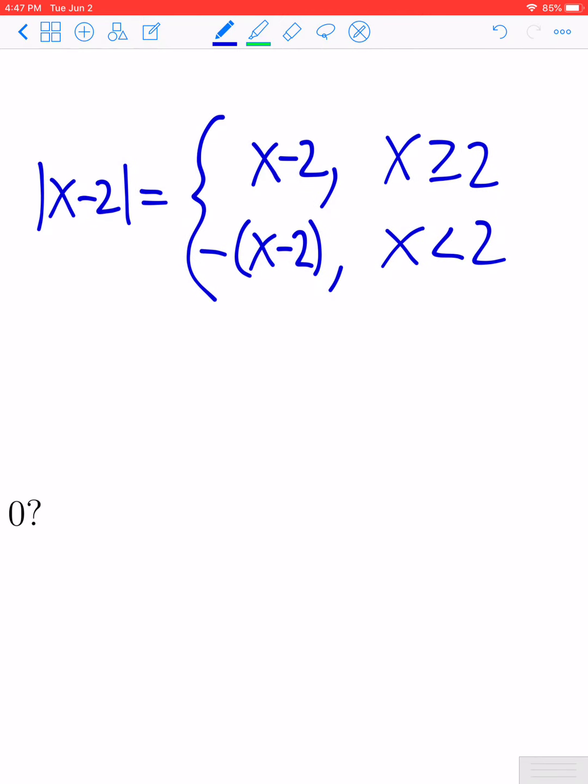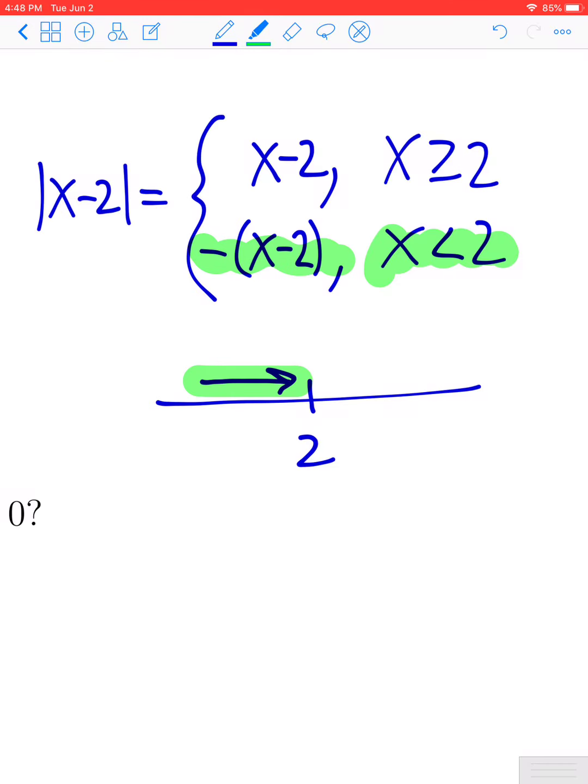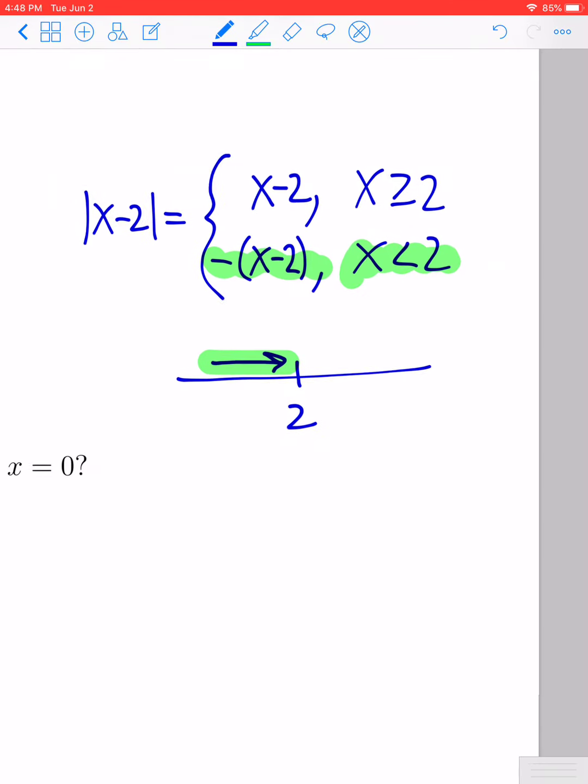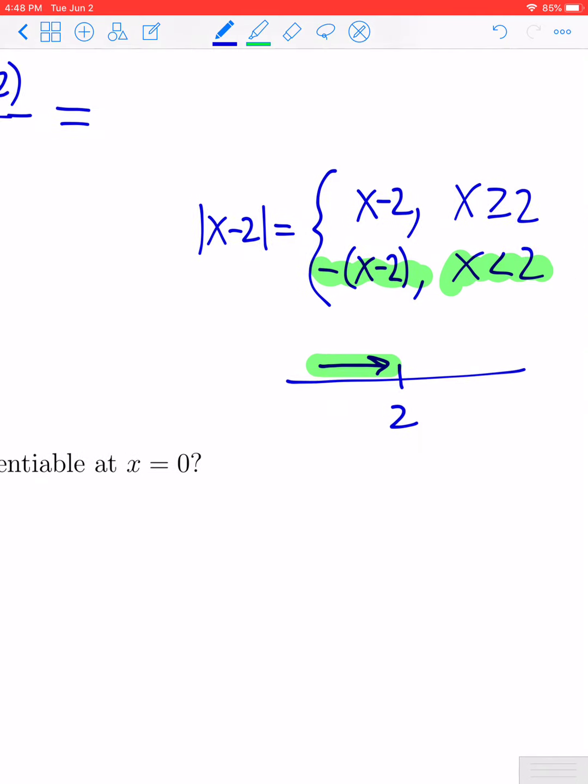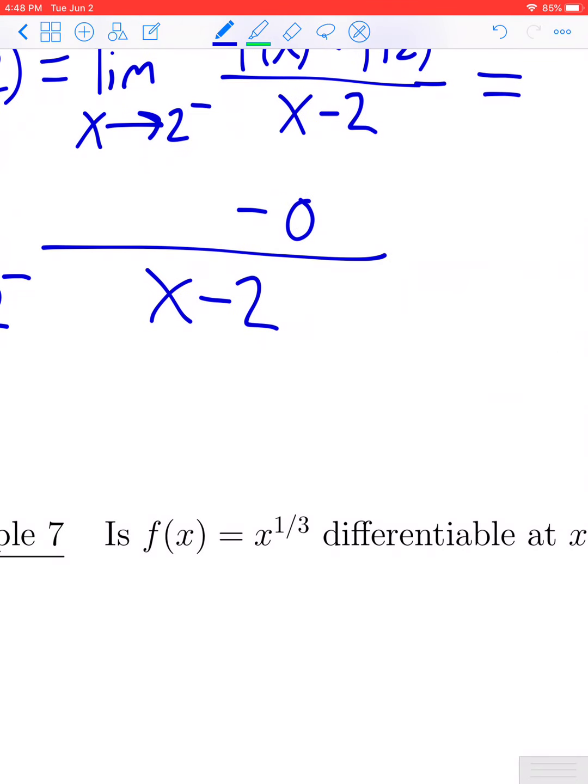And the way this plays into our one-sided limits is we're right now looking at the left-hand derivative at 2. So we're looking at the limit as x approaches 2 from the left. That is, we're coming in from values slightly less than 2, so we're going to be using this portion of the function. Wherever we see f of x, we're going to replace it with the negative of x minus 2.